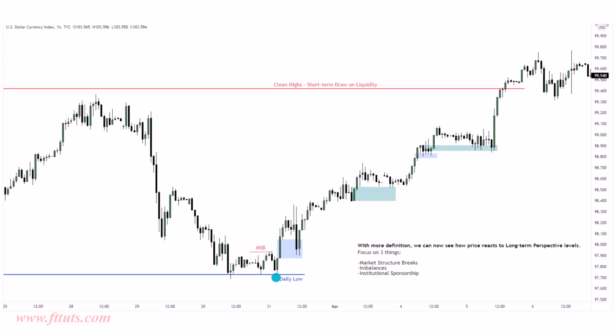We can see how it reacts with a market structure break. That confirms that the parent order flow is now active. What else confirms that the parent order flow is now active? Well, we see displacement in the form of an imbalance. Okay. What about institutional sponsorship?